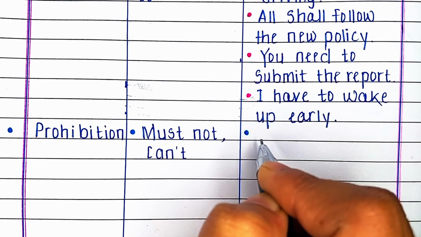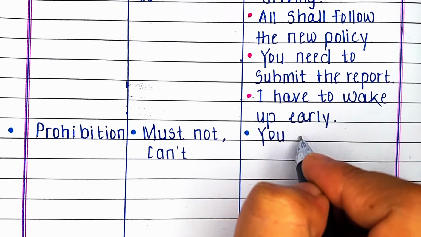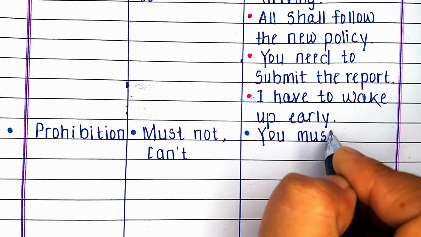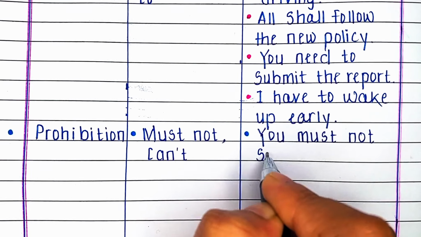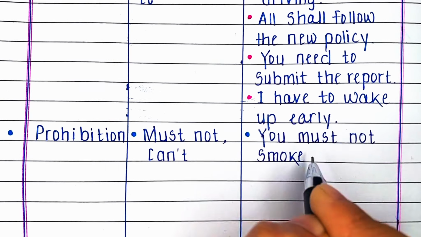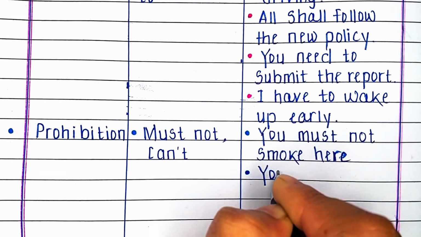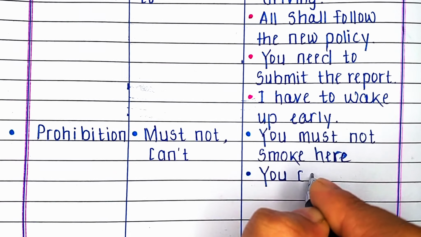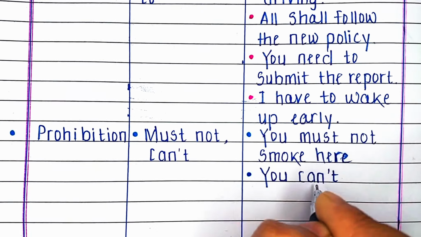First, let's go with must not. Example is, you must not smoke here. Next is can't. You can't park here.